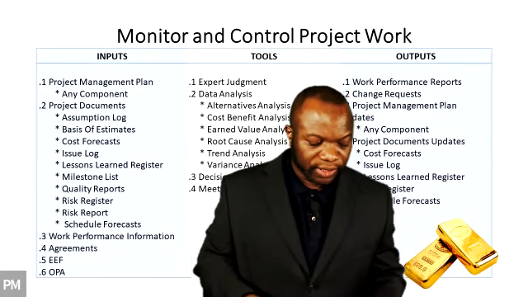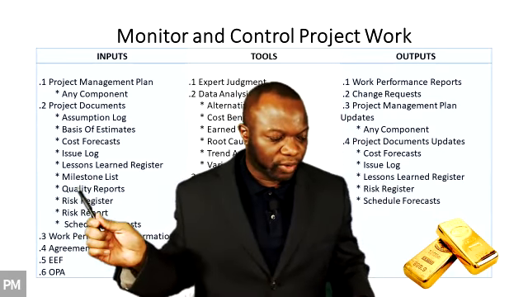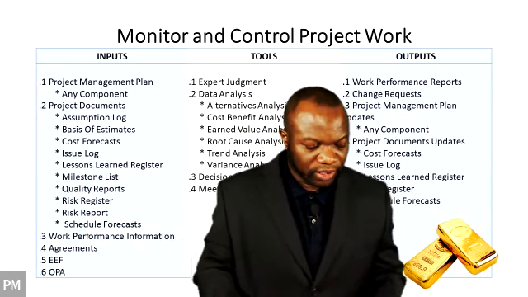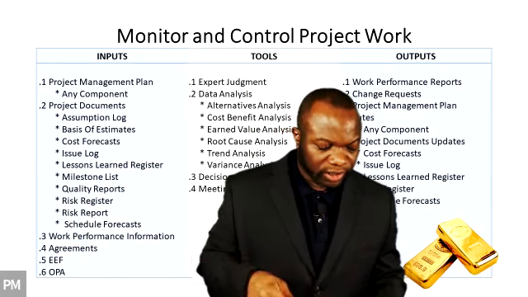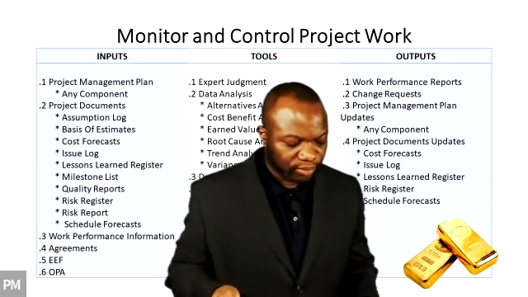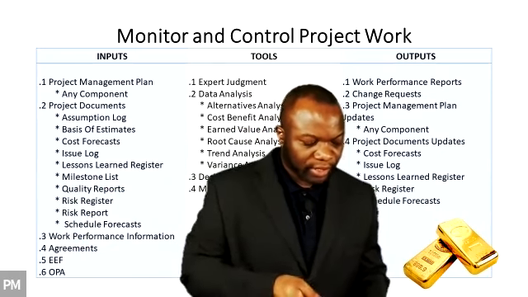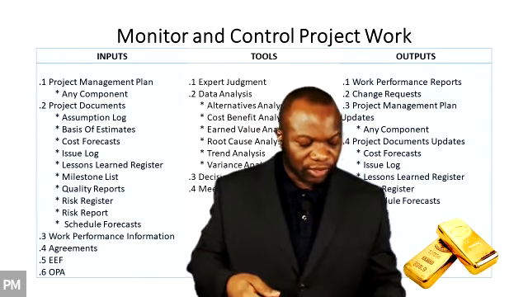Quality reports, it says the quality report, this one right here, includes quality management issues, recommendations for process, project, and product improvements, corrective action recommendations, and this could include rework, defect or bugs repair, so on and so forth.